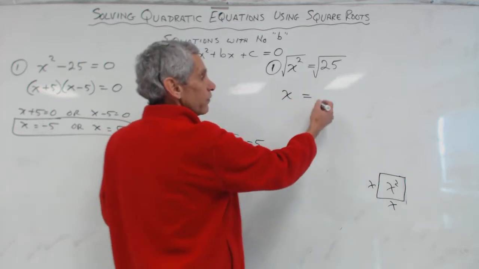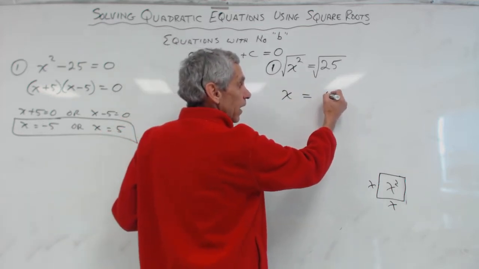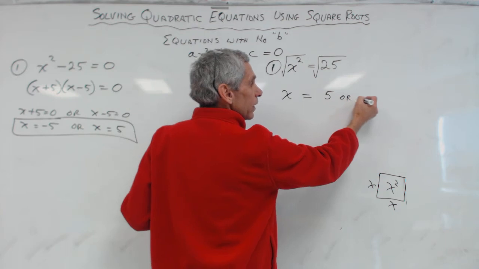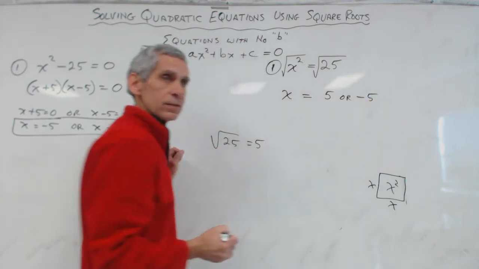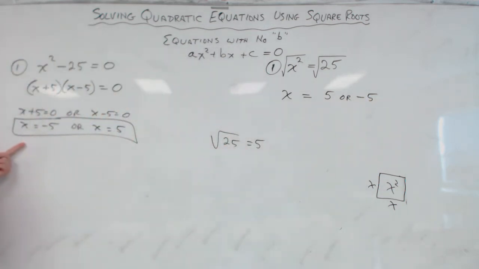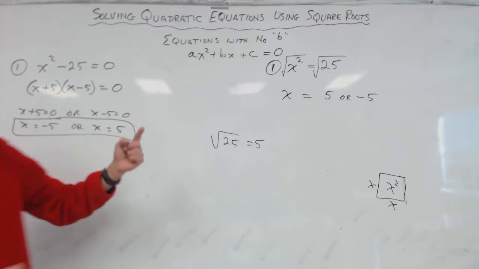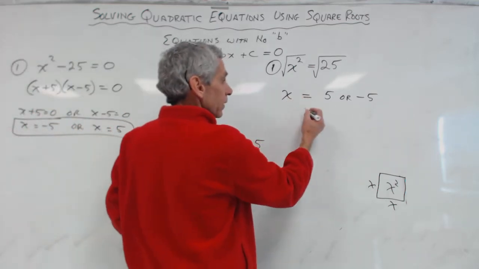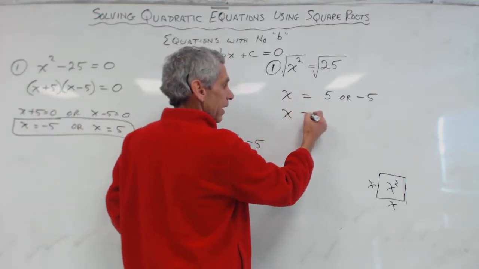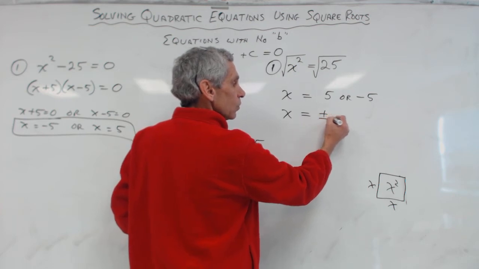Because the square root of 25 could be positive 5, or it could be negative 5. Does that make sense? So look, that explains why we get the same answer now by doing that. And so the way you would write it, though, is this. Get in the habit of doing this. Plus or minus 5.